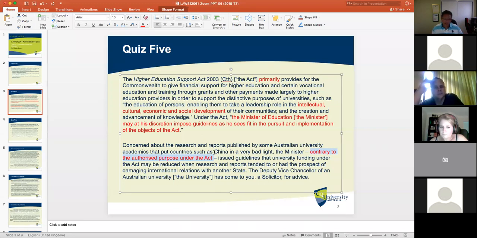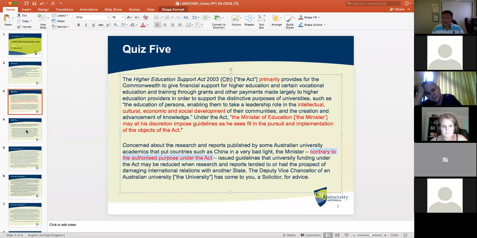So there is a lofty and even a noble purpose on the part of the executive in ensuring that China doesn't get upset by the research and publications by Australian executives. So those are part of the facts there.